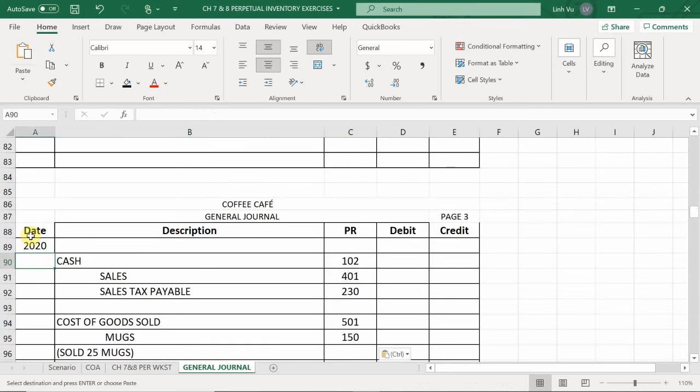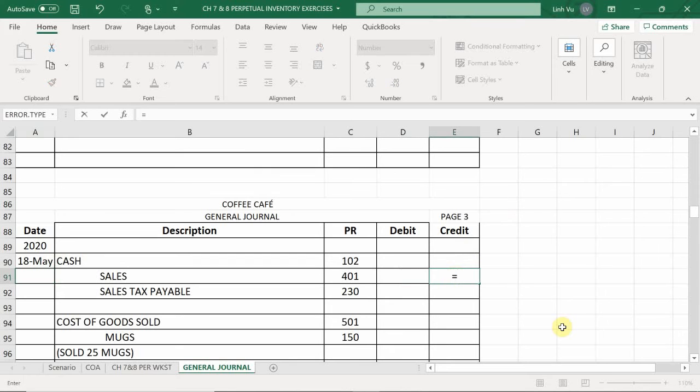So again, this is May 18. We sold 50 additional mugs at $10 each. So here, what is my total sales?